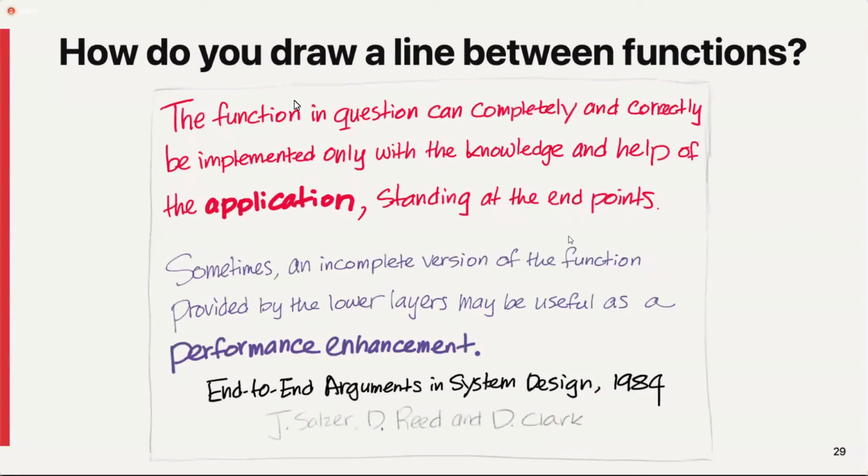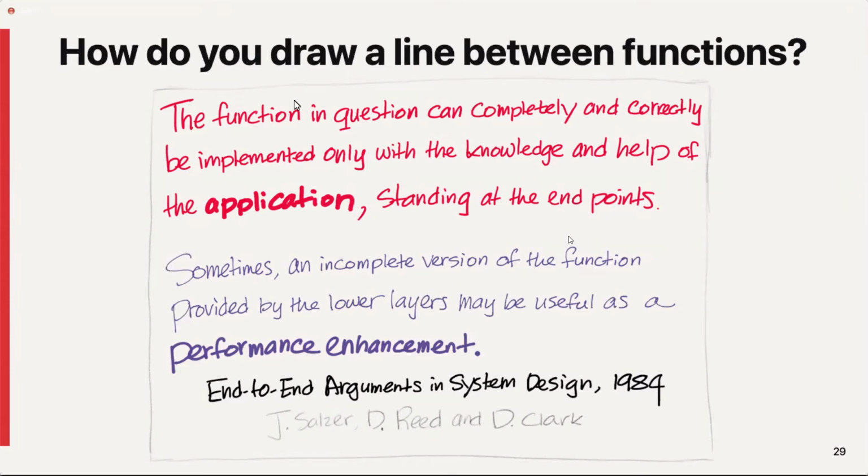The question can be answered by the famous end-to-end argument, which started from the seminal 1984 paper titled End-to-End Arguments in System Design. The end-to-end argument, if you're not familiar with it, basically says that if we have a feature or a function that we want to implement, the question is, where do we implement that feature?